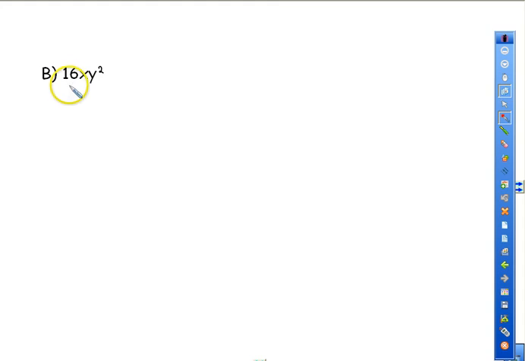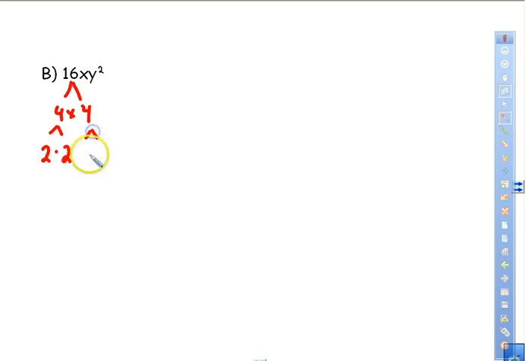So for the number 16, we're going to break this down, and you can use 4 times 4, or you could use 2 times 8. Either one of those works perfectly fine. They are both composite, so it's going to be 2 times 2, and then 2 times 2 again. So we have all these 2's, and they're all prime.